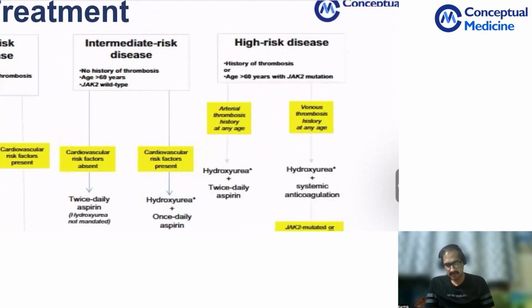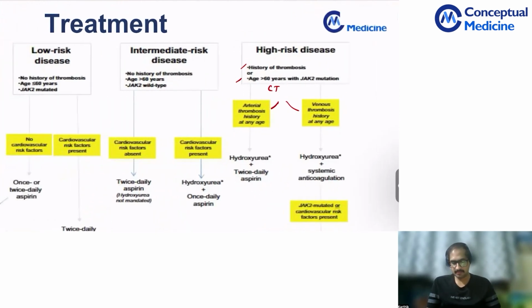Please remember: history of thrombosis, or age more than 60 years with JAK2 mutation, classifies patients as high risk ET. So for those patients, you have to start cytoreductive therapy, hydroxyurea or interferon alpha, plus aspirin for arterial thrombosis, anticoagulation for venous thrombosis. Remember this.